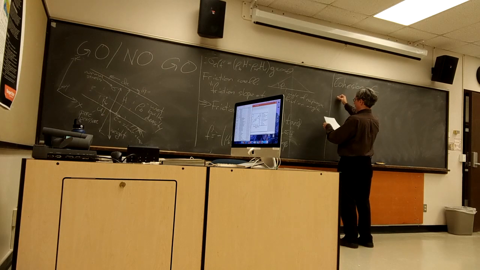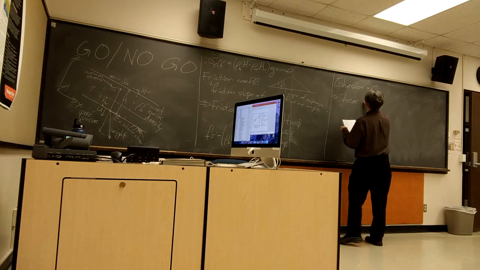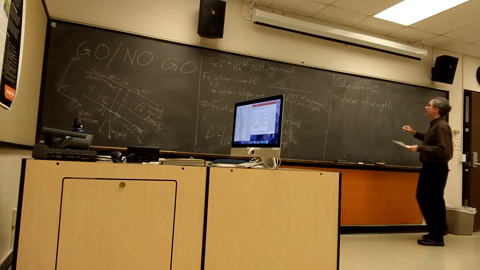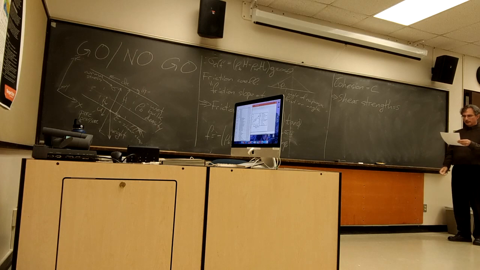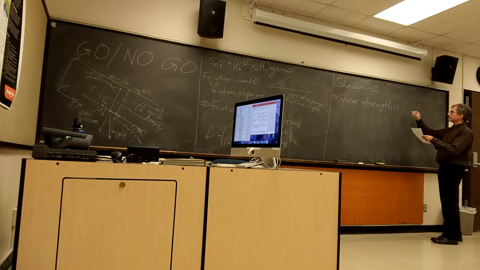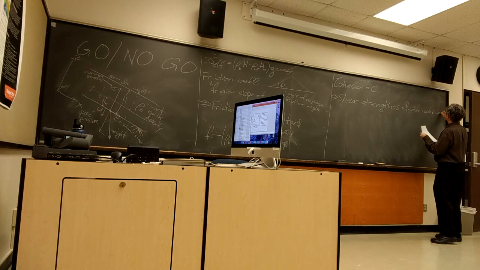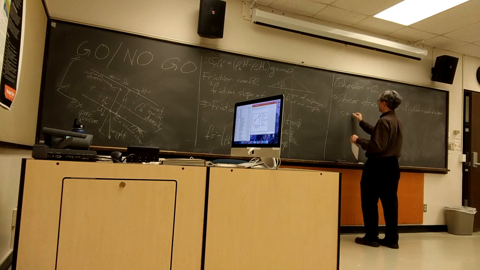So finally then, my so-called shear strength, which is what's going to act counter to my shear stress, give it a letter S, that's equal to friction plus cohesion.